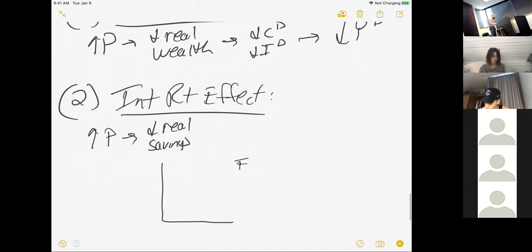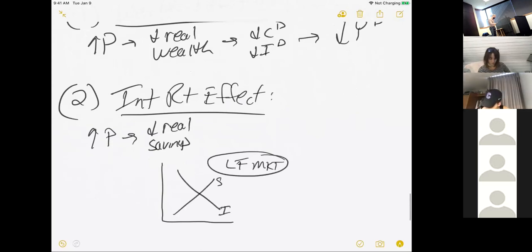So think about our loanable funds market that we talked about the other day. You had some questions about this on your exam. What happens if real savings goes down?